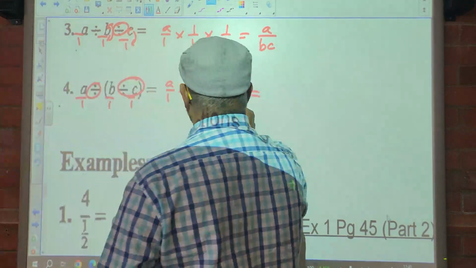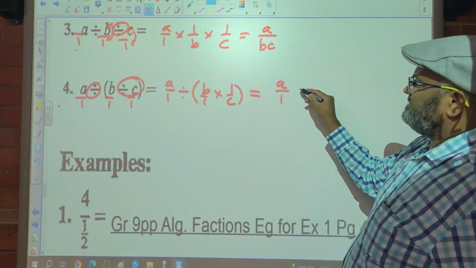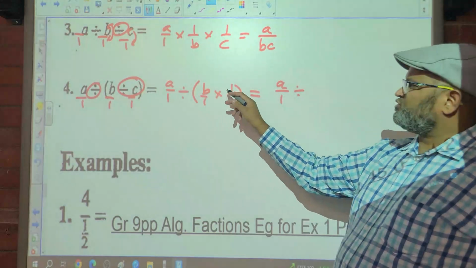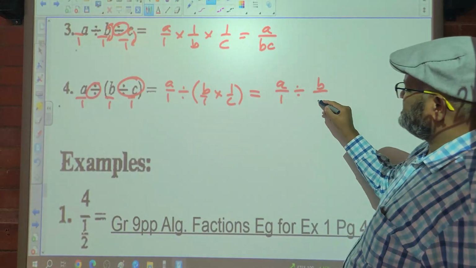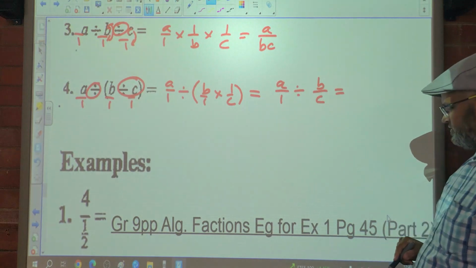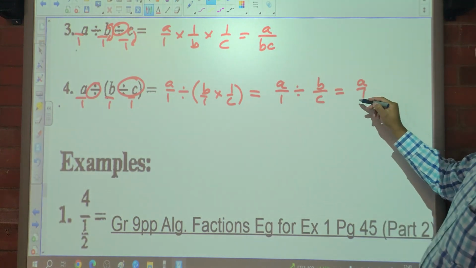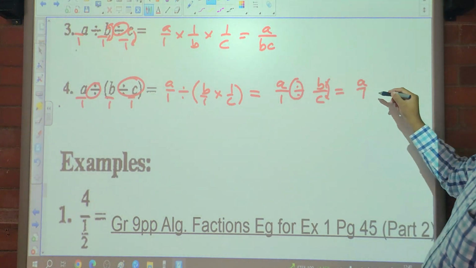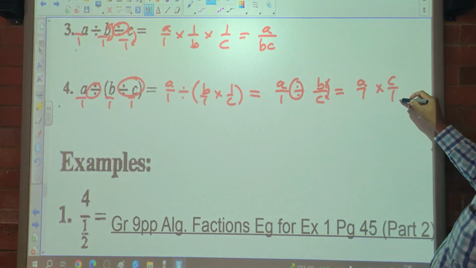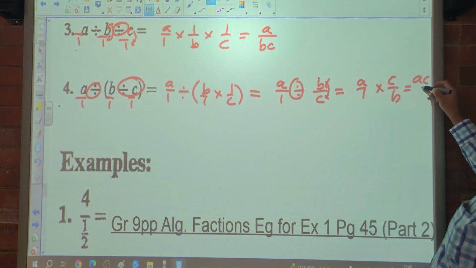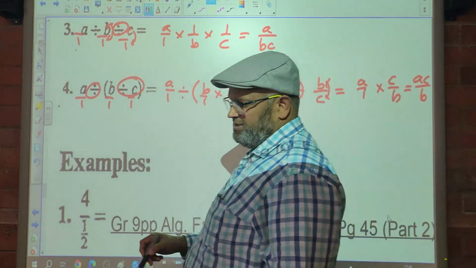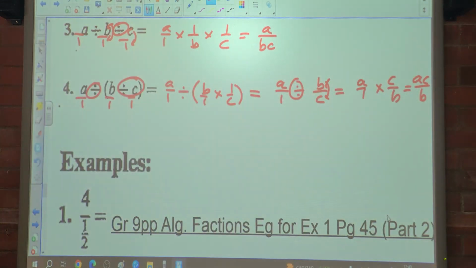So without the bracket first, it's a over 1 divided by b times 1 is b over c. So now it gives us a over 1, change to multiplication, tumble and times. So c over b, a times c is ac over 1 times b, of course, is b.